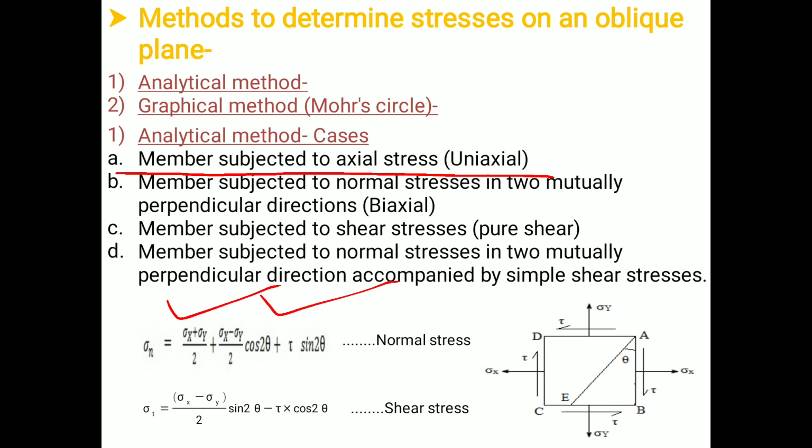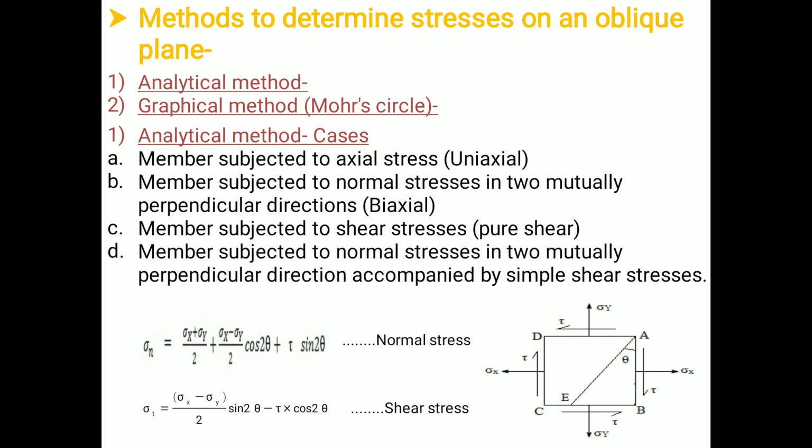So the remaining stresses will be 0. The same happens with the tangential stress, or shear stress. Remember that in the case of uniaxial stress, one of the stresses, sigma x or sigma y, will be 0 and the shear stress will also be 0. So this indicates case number 1.